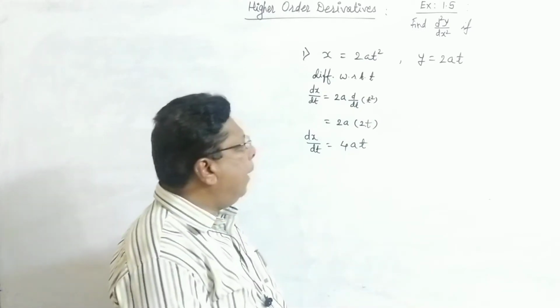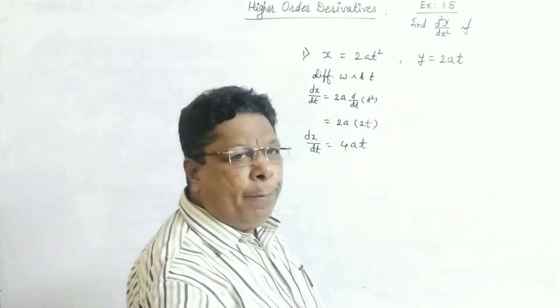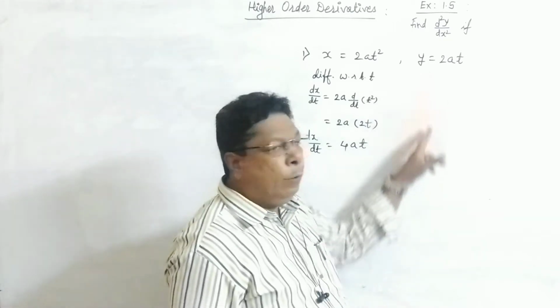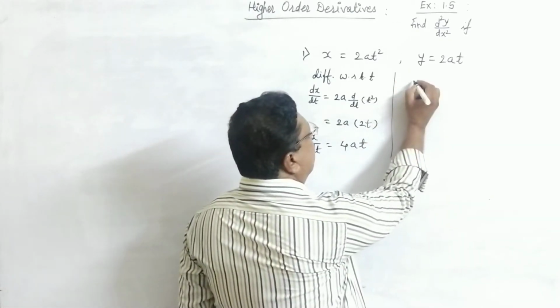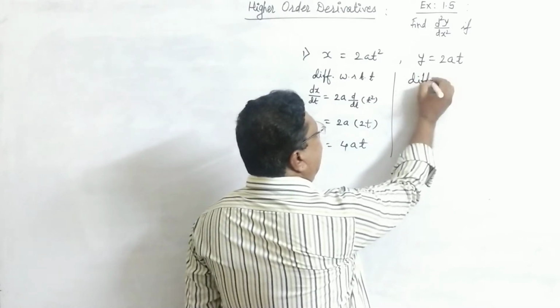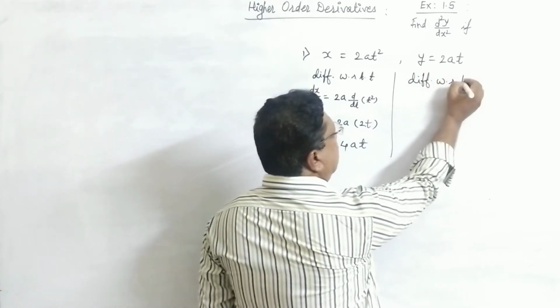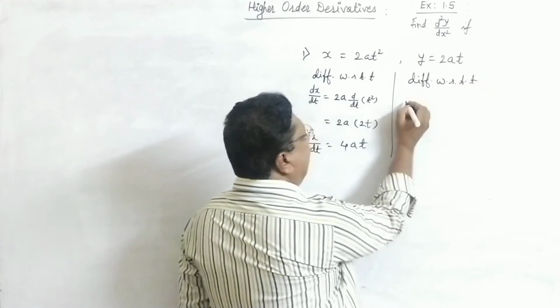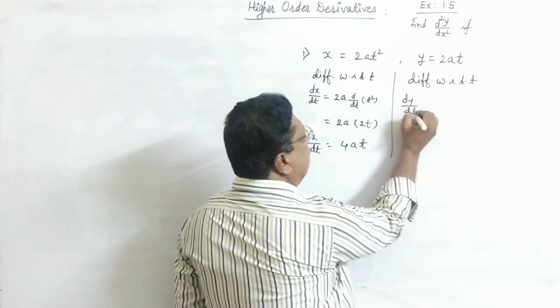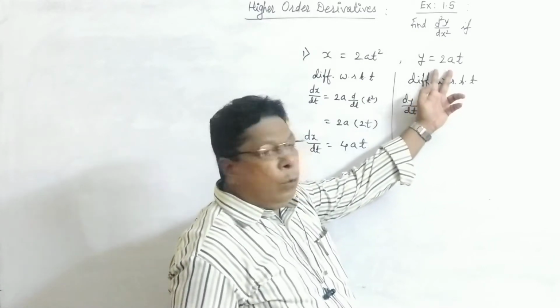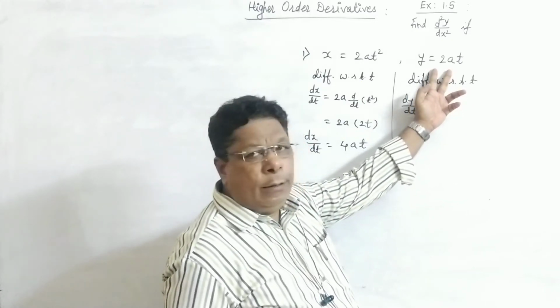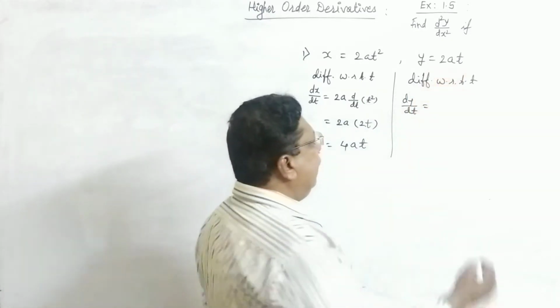In a similar manner, differentiate the function y with respect to t. Here also t is a parameter. Derivative of y with respect to t is dy by dt. Here also 2a is constant, which is a multiple of the function t.